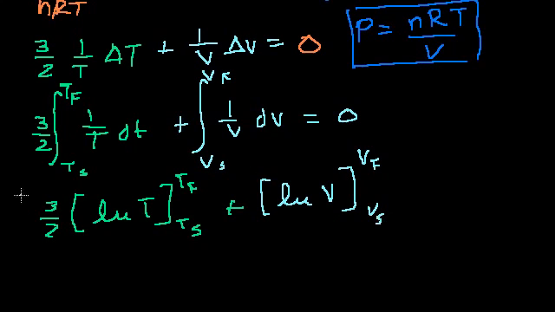This is just the calculus here. And this is going to be equal to 0, right? If every infinitesimal change is equal to 0, the sum of all of the infinitesimal changes is also going to be equal to 0.